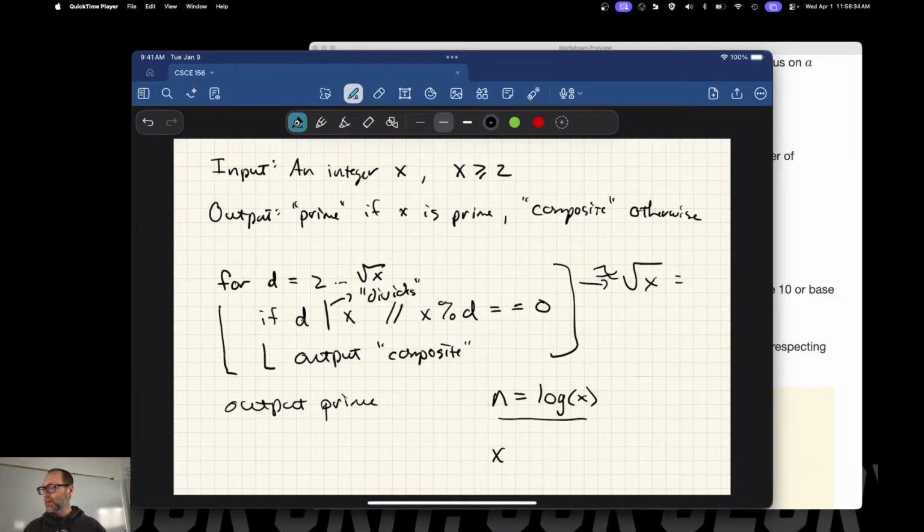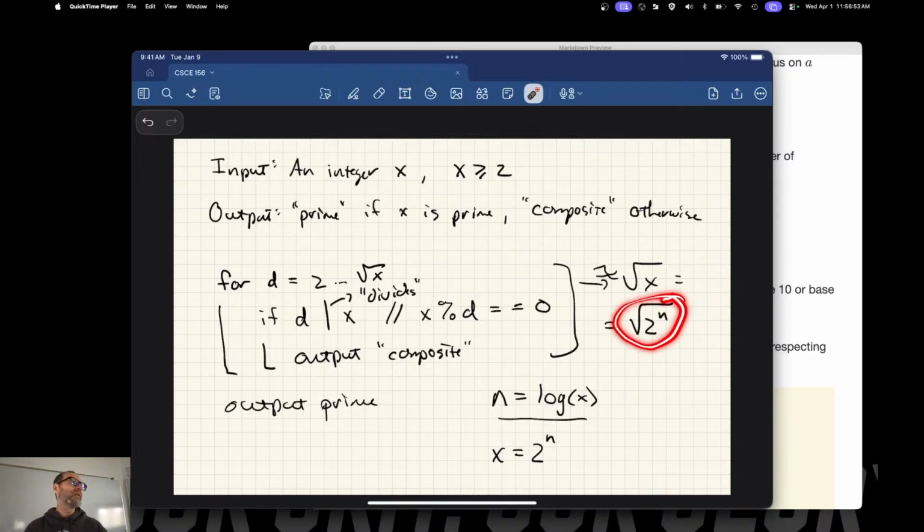So what is x in this case? How do I get rid of the log? 2 to the n. So this is base 2. Again, as self-respecting computer scientists, we're not going to write base 2 explicitly. And so this is square root of 2 to the n. Does that look better than linear?